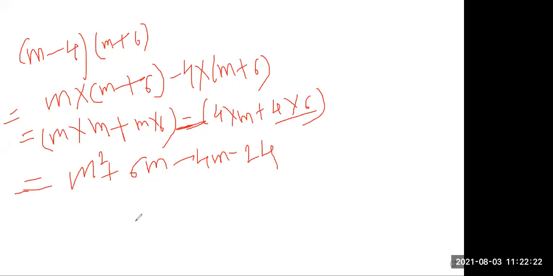Now, one thing always keep in mind: when we have to subtract, it should be a number or the same variable. Some students will do minus 24, minus 4 and then plus 6. It will be wrong. So directly write m square. 6 minus 4 is 2m, and this minus 24 as it is.